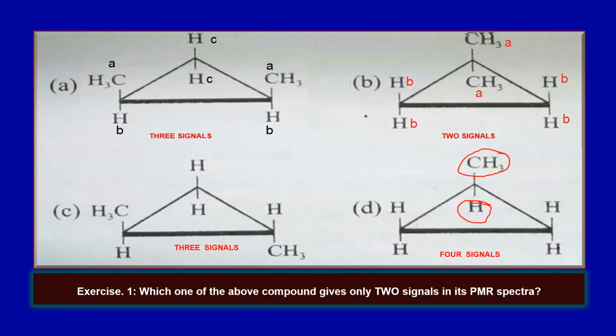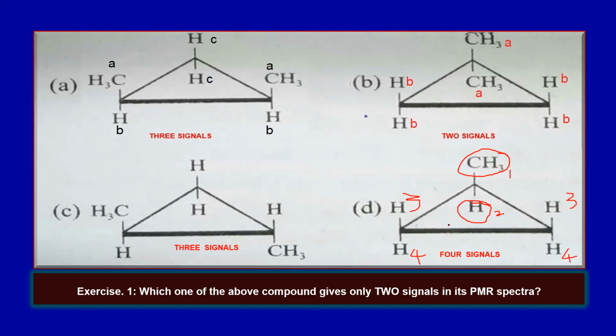So diastereotopic protons. Why? Because if you replace with, say, methyl, it will become cis. If you replace this one, it will become trans. So these two are different. So first signal, second signal, third signal for these protons, and fourth signal for these two protons. So therefore it will give you 4 signals.